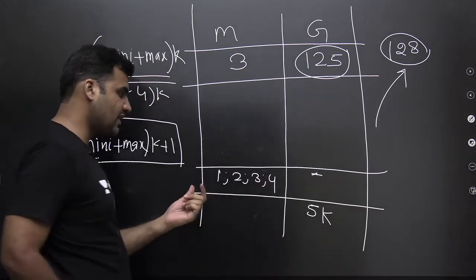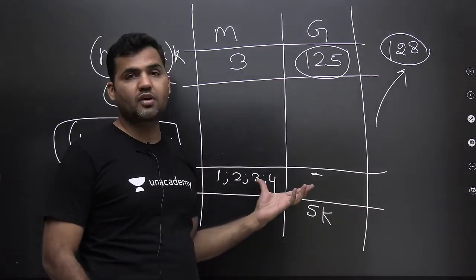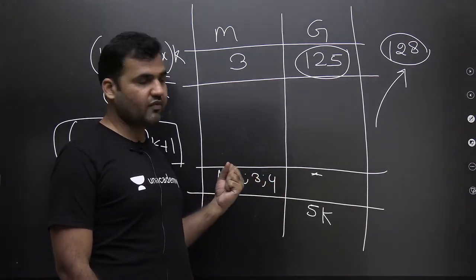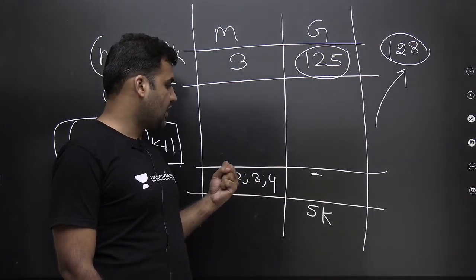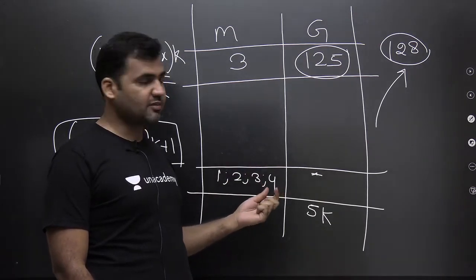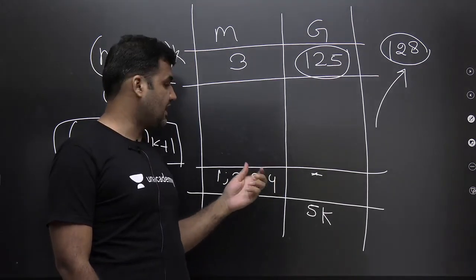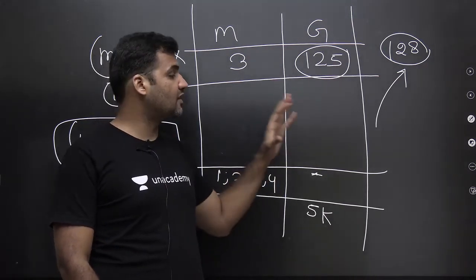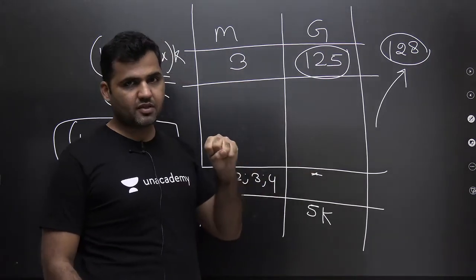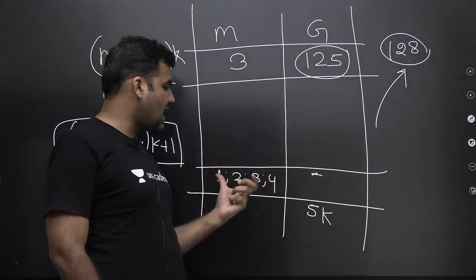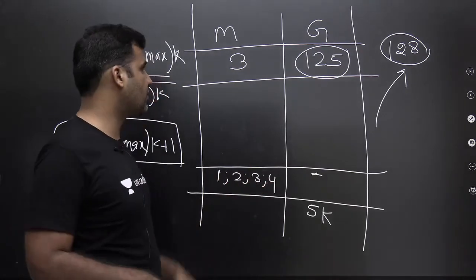Because if the number of coins on the table is 1, 2, 3 or 4, Munna can pick those coins and win the game. He should not have 5 coins on the table, because if he has 5 coins, he will have to pick either 1, 2, 3 or 4 coins, and then there will be some coins left for Gudu, and Gudu can pick those coins and win the game. So in the last turn, Munna should have 1, 2, 3 or 4 coins on the table.